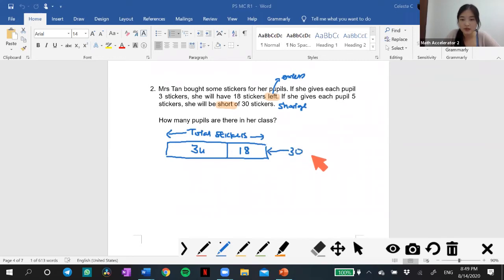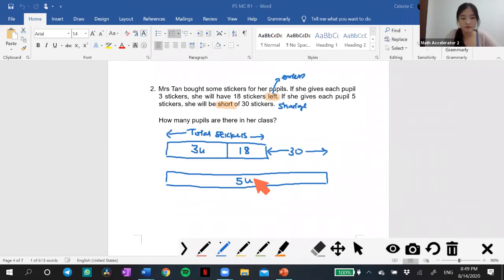You need 30 more here. So if I do have this 30, I can then give each pupil, I can fulfill the 5 units.